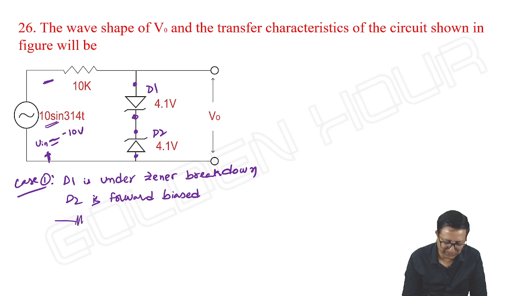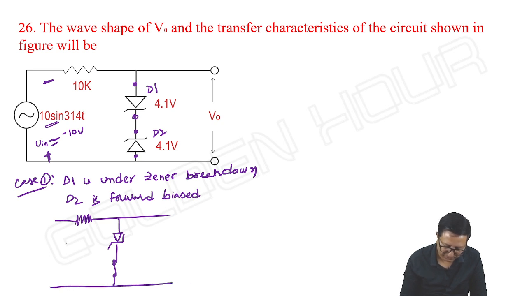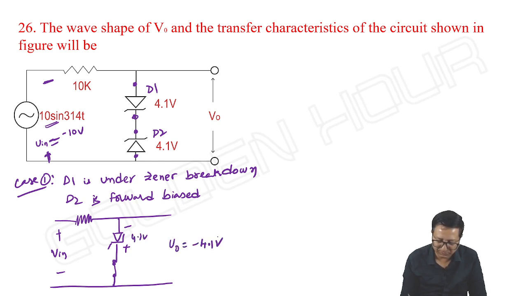So what is the equivalent circuit? And what about its breakdown voltage? It maintains VZ from cathode to anode, 4.1. So output is equal to minus 4.1.